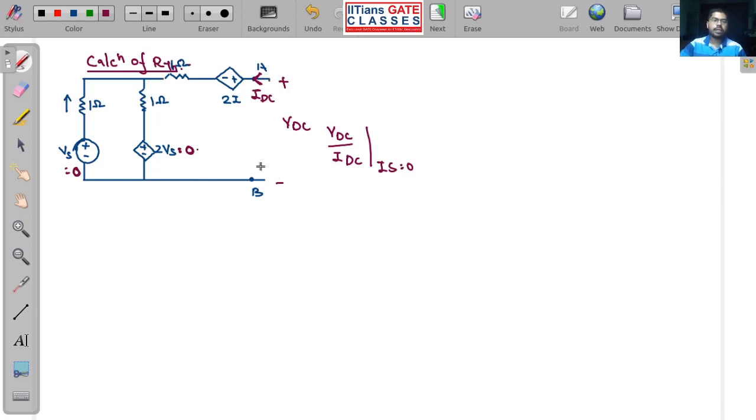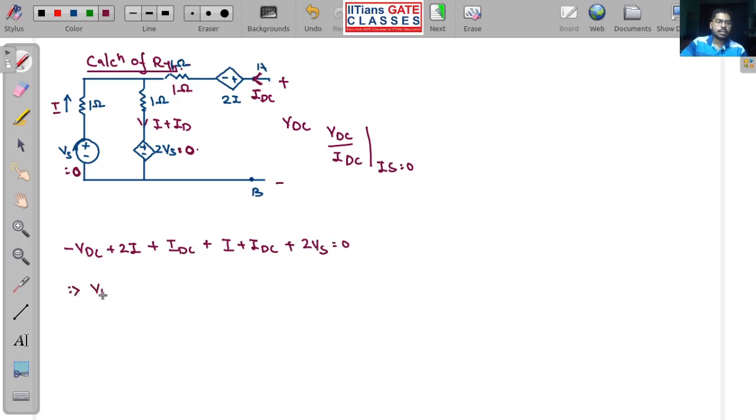This is minus VDC plus 2I, where I is this branch current, plus 1 ohm times the current flowing through this branch, which is I plus IDC, so plus 1 into I plus IDC, plus 2Vs equal to 0.